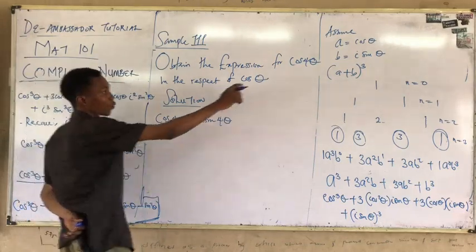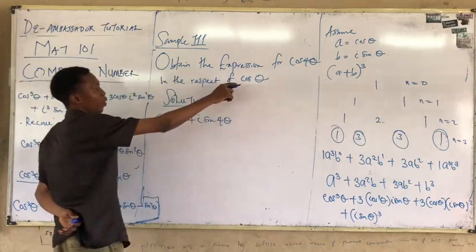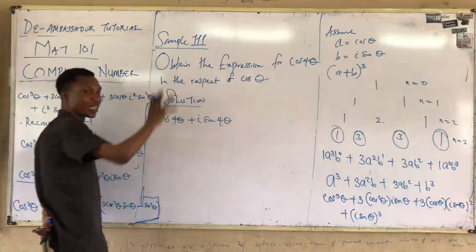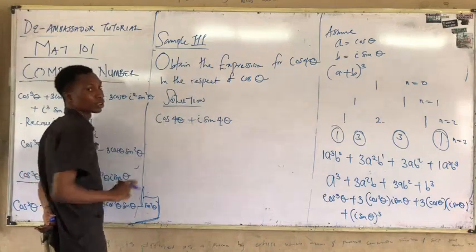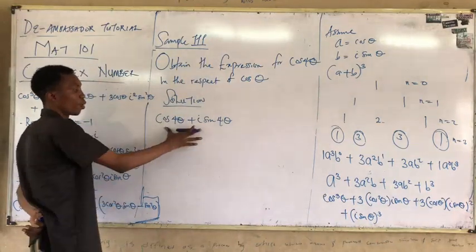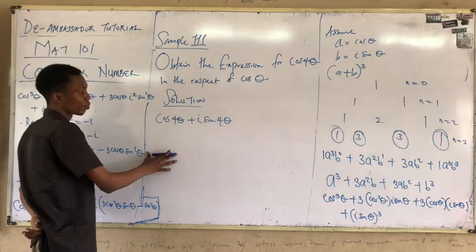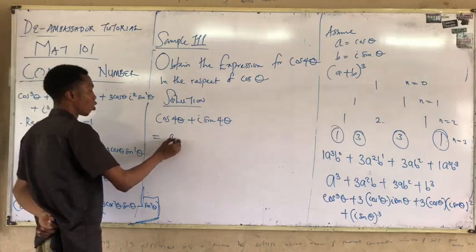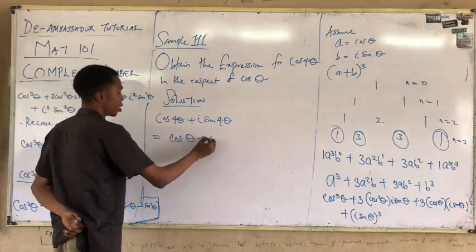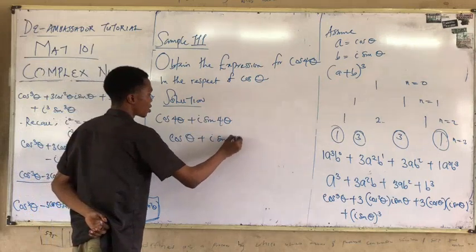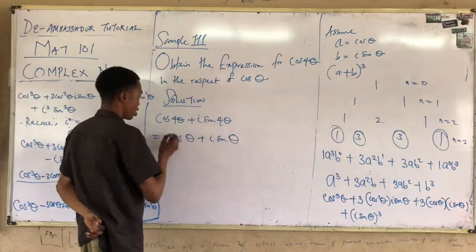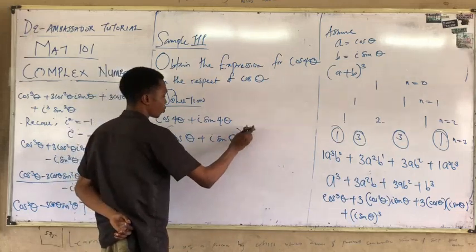We have to find this cos 4 theta in respect of cos theta, but we cannot know it without getting sin. So you have to carry along your sin 4 theta. Are you with me? So how do you now write this? You say cos theta plus I sin theta, in the power of 4.